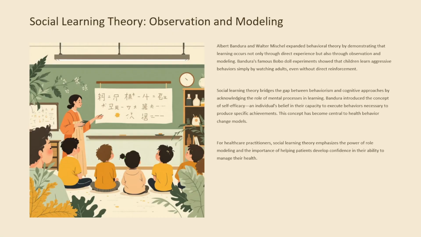His famous Bobo doll experiment showed that children who watched adults behave aggressively were more likely to imitate that behavior. Bandura also introduced the concept of self-efficacy, which means believing in your ability to succeed. So if learning occurs by watching, modeling, or imitation, I want you to think Bandura.